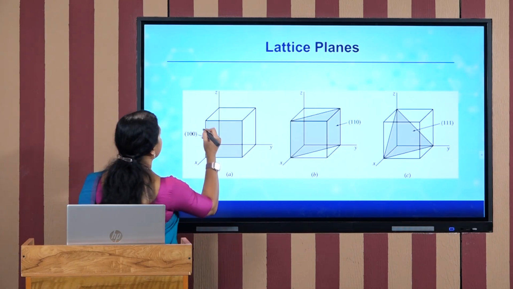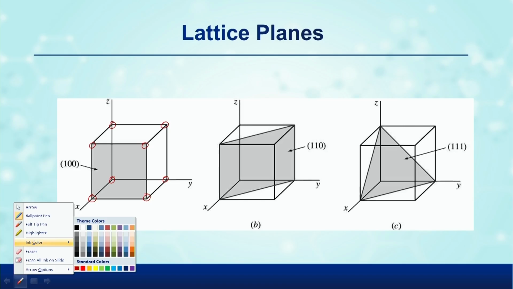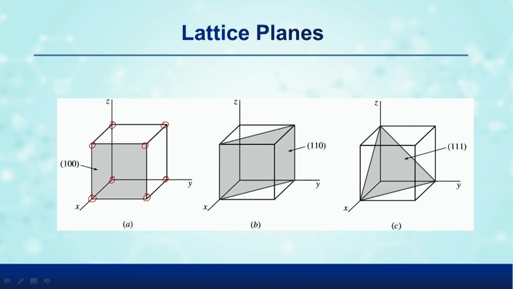Okay, again it is a cubic crystal. Suppose we have particles at all the corners of this cube, and consider a plane on the front face. Okay. So, consider this plane.